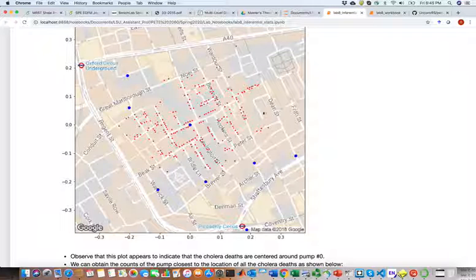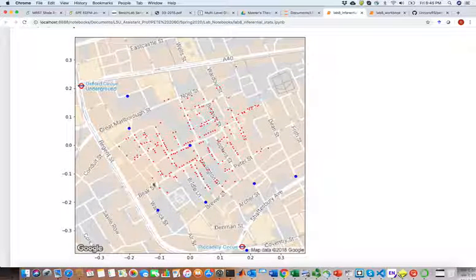If the population is centered around this region and there is less people living here, and you were to look at the number of deaths, of course, there will be more deaths where more people live in, and the distribution of the number of deaths will be more or less the same per unit number of people living in the neighborhood, right? So that is the alternative hypothesis, that these deaths are not due to these pumps delivering contaminated water, but they could be because more people live in this region.